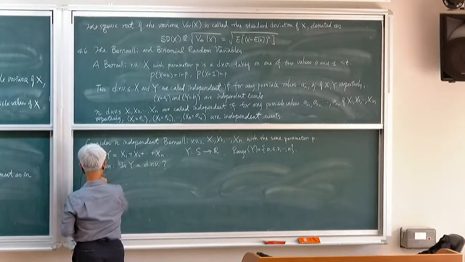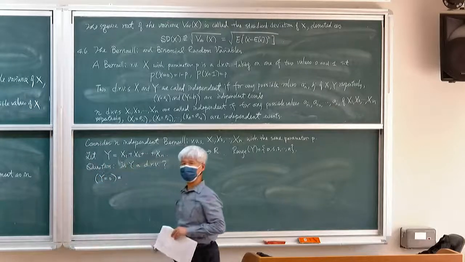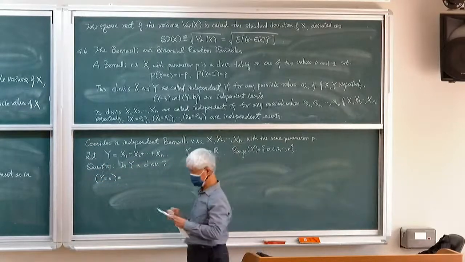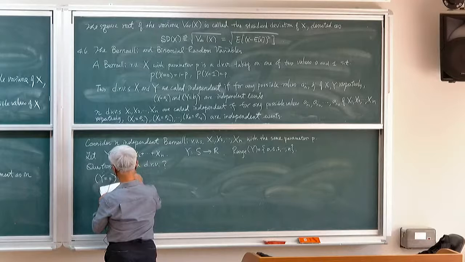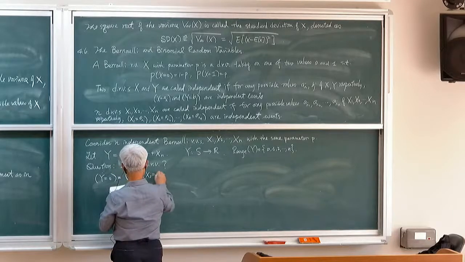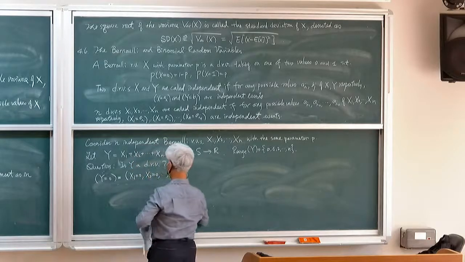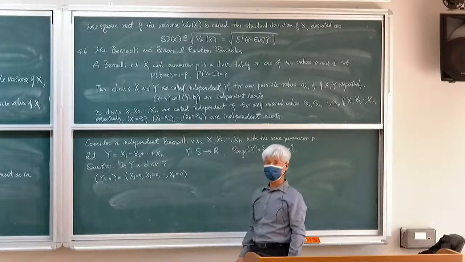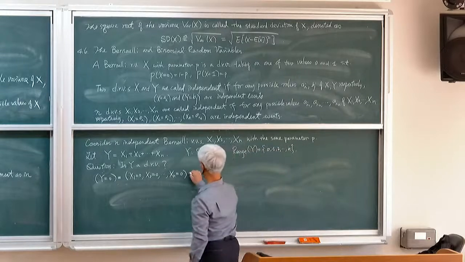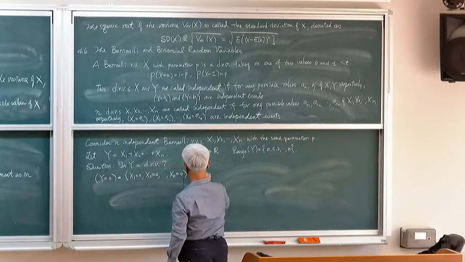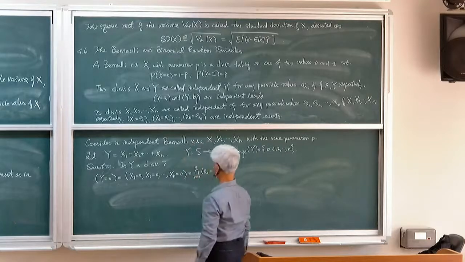All right, so we have to check y equals 0. Y equals 0 if and only if x1 is 0, x2 is 0, up to xn is 0. So this is the intersection of xi equal to 0.